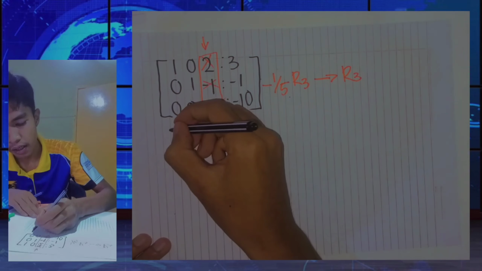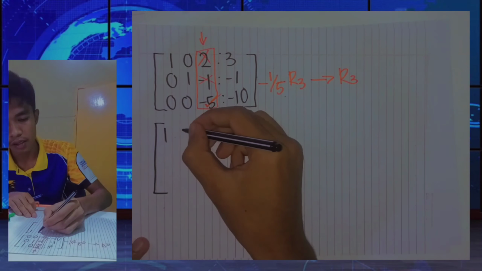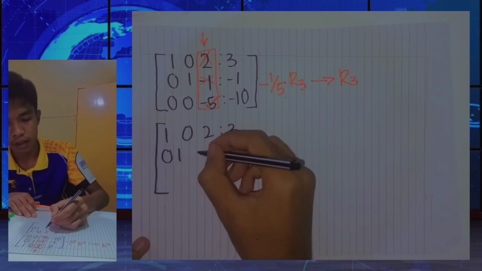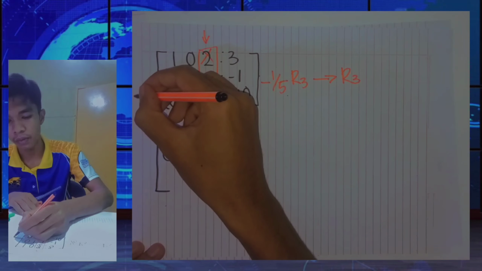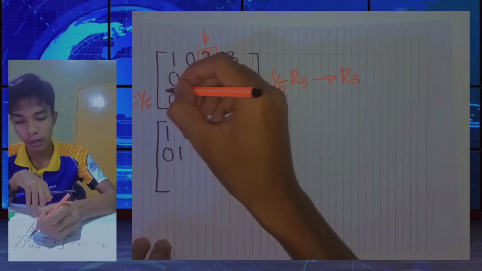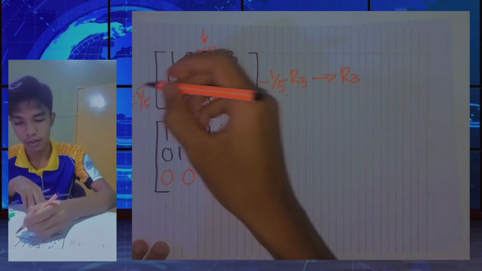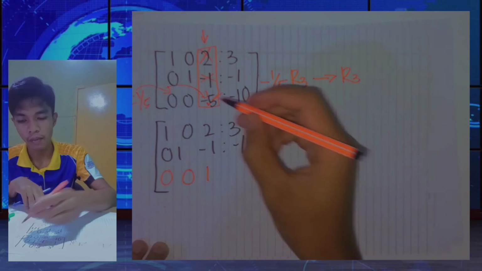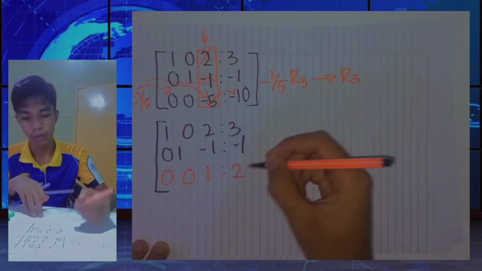So after that we will get this: the first and second rows are unchanged, 0, 1, negative 1, negative 1, and here, if we multiply by negative 1 over 5, negative 1 over 5 times 0, we get 0. Negative 1 over 5 times 0, we get 0 also. Negative 1 over 5 times negative 5, we get 1 here. Negative 1 over 5 times negative 10, we get 2 here.